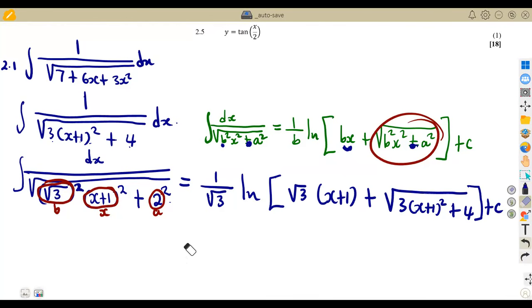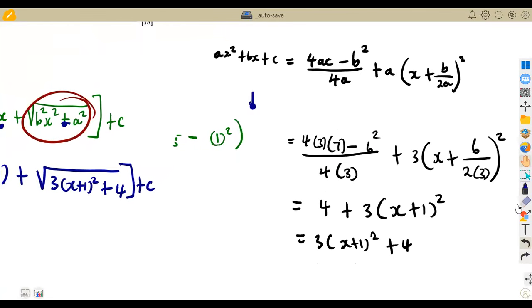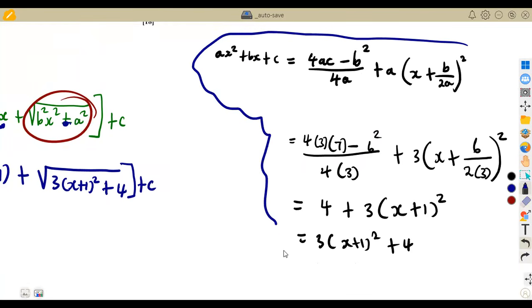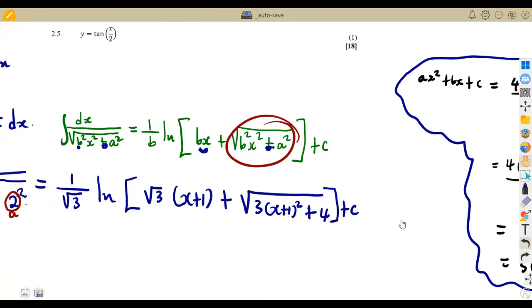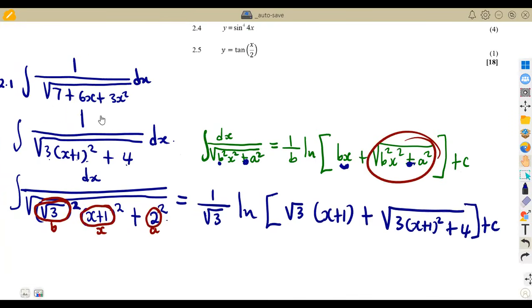And there's nothing more that you can do. As you can see, we can't simplify any further. So that is how you play around with completing the square. You need to know your completing of the square, either using the formula or using the traditional method, to obtain this part. But after obtaining this, I told you that you need to know which formula to use to integrate whatever you formulate.